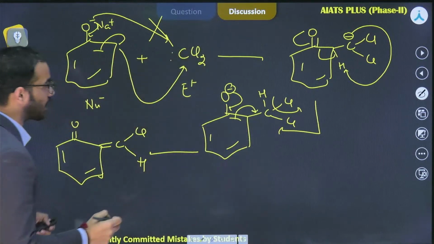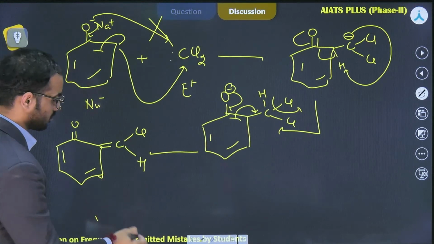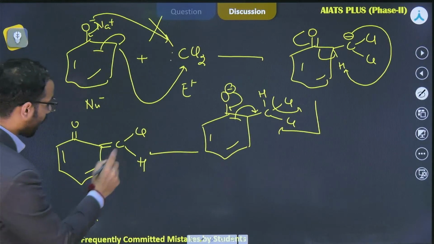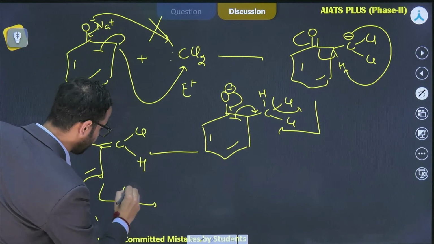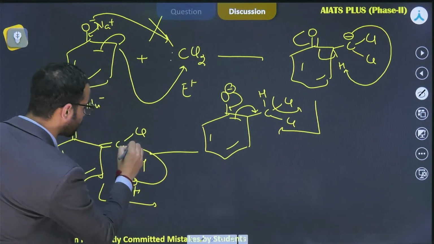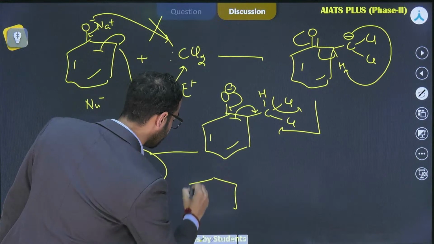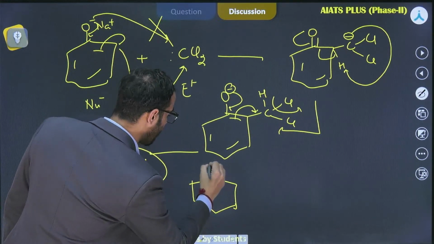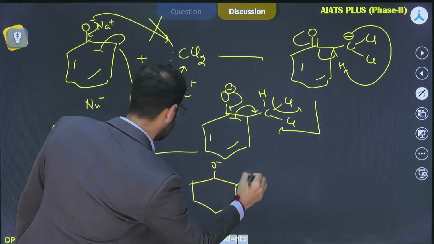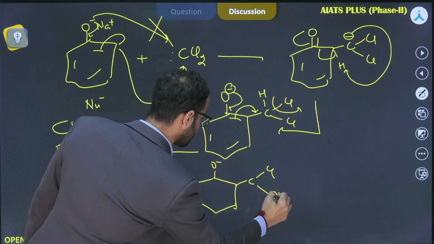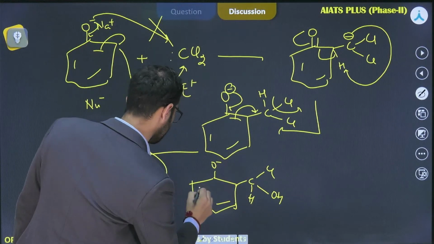Now the OH negative in the medium will attack this position. It will come back over again, and you will have O minus, CCl, OH, hydrogen, this and this.